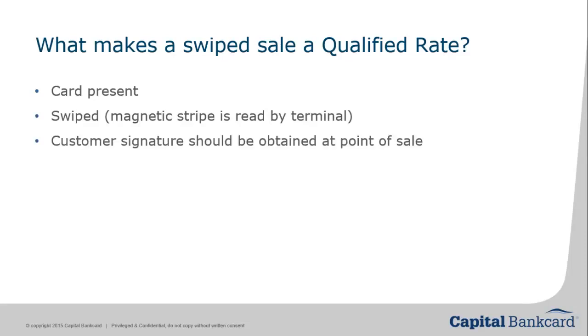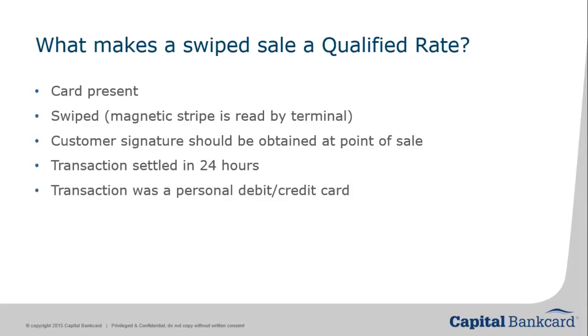The customer signature should be obtained at the point of the sale, whether that is on an electronic device with signature capture like Genius or just on a paper receipt. The transaction also must be settled within 24 hours, so the merchant must batch within 24 hours of accepting that transaction. And the transaction was either a personal, debit, or credit card.